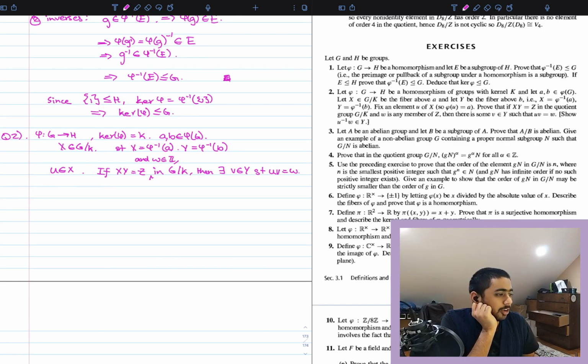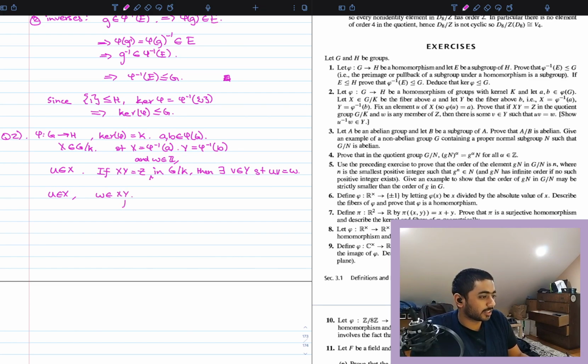Alright, so how would we prove something like this? This is saying that if u is in X and w is in XY, then find something in Y such that u times that something is equal to w. That's essentially what we need to do here, right? So I'm gonna ditch this notation of x and y and say that u is in x, and that means I can write x as uk.